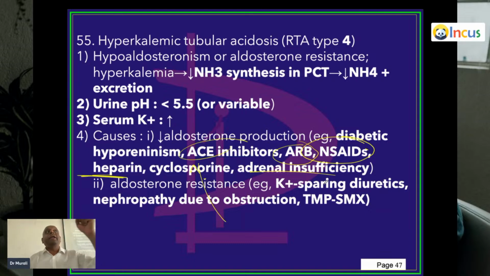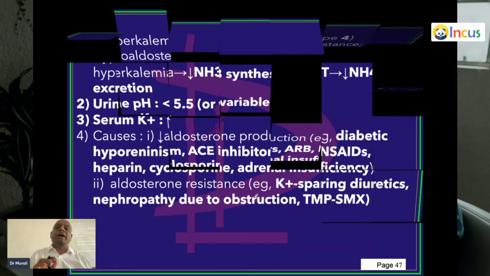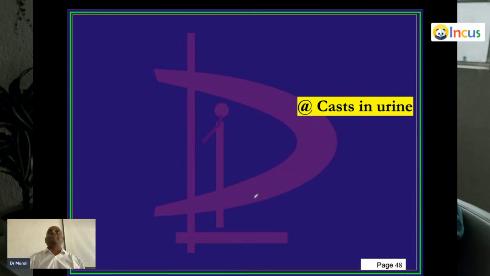And any potassium sparing drug like spironolactone, an aldosterone antagonist. Simple Bactrim DS, trimethoprim sulfamethoxazole, that you give for pneumocystis pneumonia prophylaxis in HIV patients, can also lead to type 4 RTA. And any obstructive nephropathy can lead to type 4 RTA, is what you need to remember.